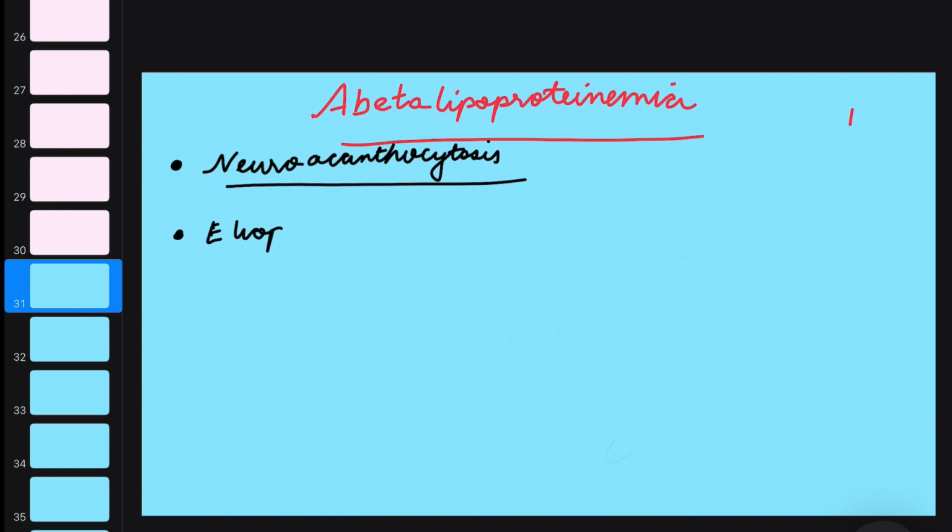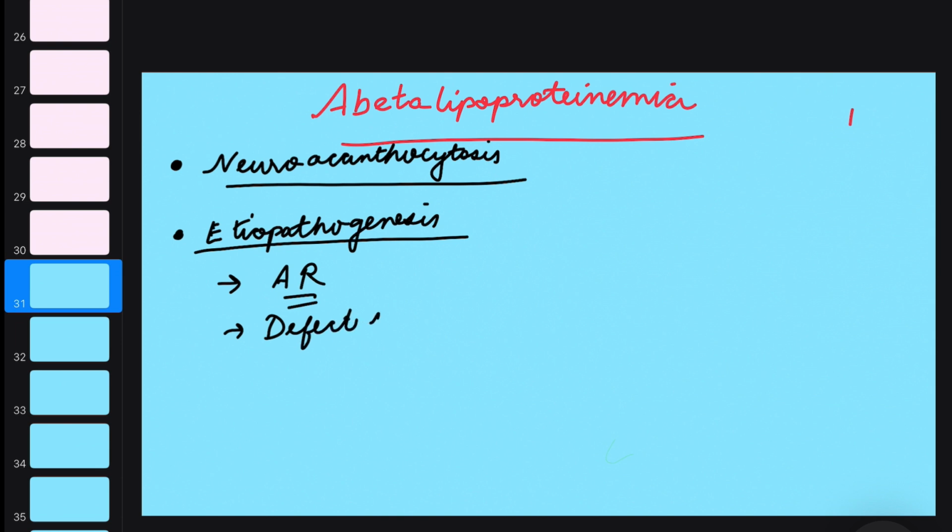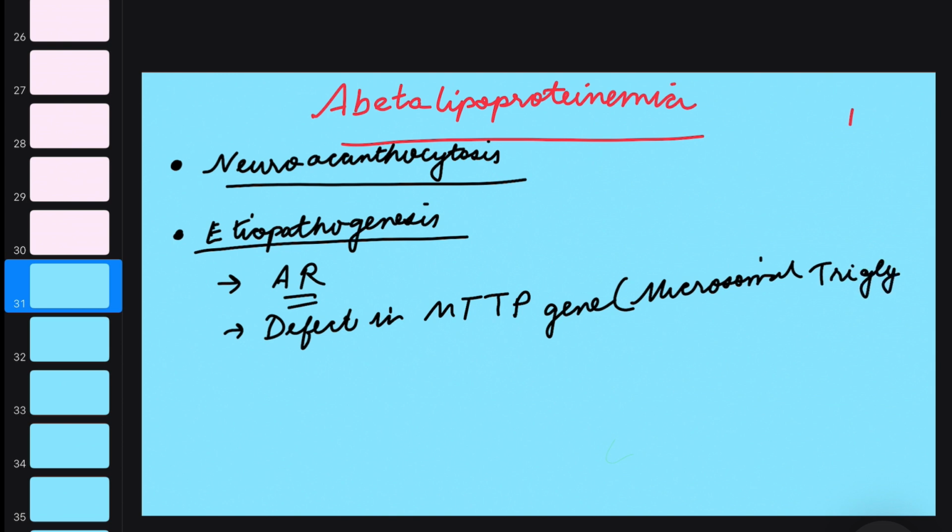So what exactly is the etiopathogenesis? I've already explained it to you, but basically this is an autosomal recessive defect, and there is a defect in the MTTP gene. What is this MTTP gene? Microsomal triglyceride transporter protein.